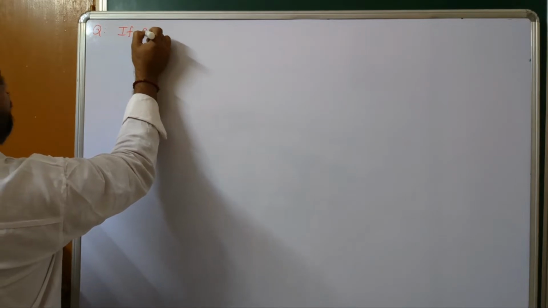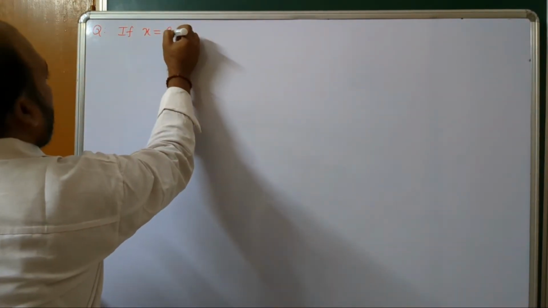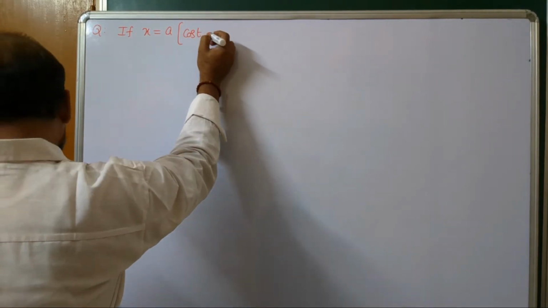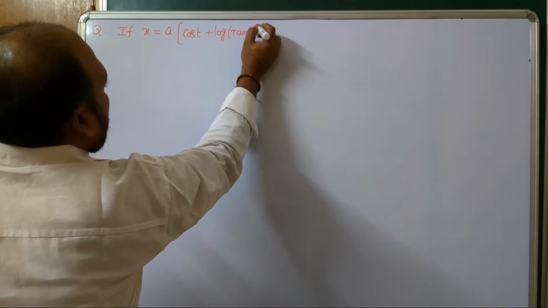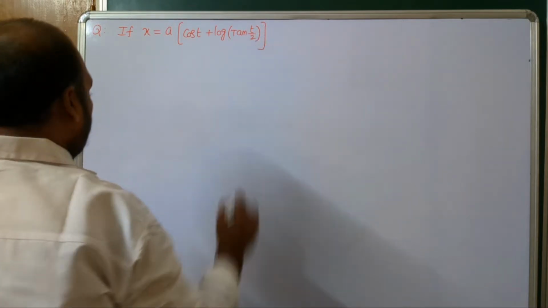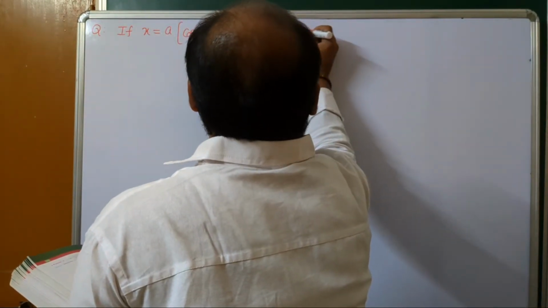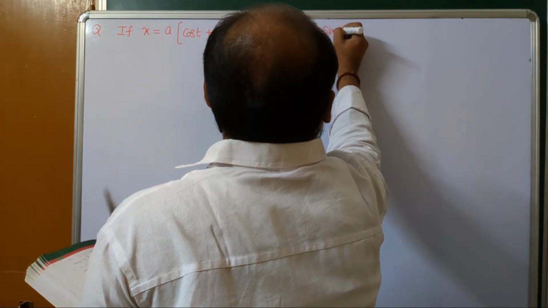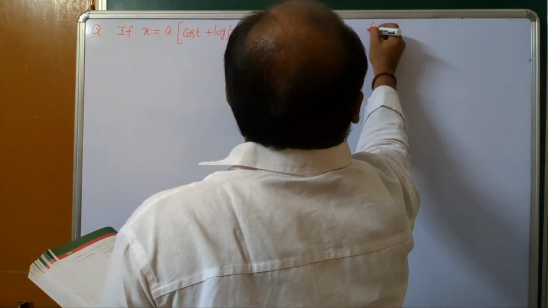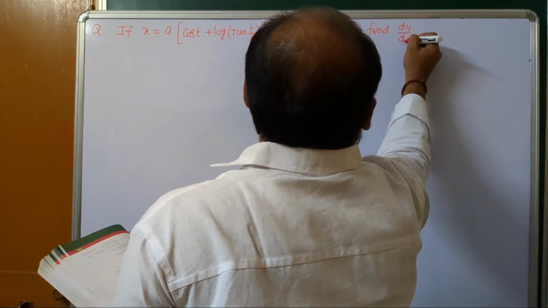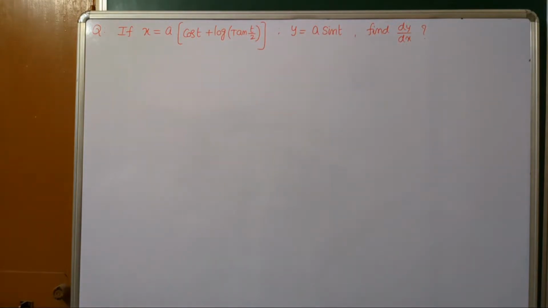If x is equal to a into cos t plus log of tan t by 2 and y equal to a sin t, find dy by dx. This question has been asked in the exam 2-3 times, dear students, as a 4 marks question. I will slowly cover 4 marks questions, and also 7 marks questions for you.